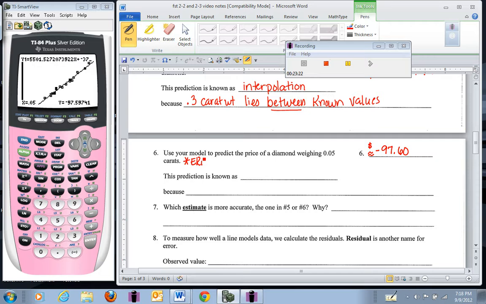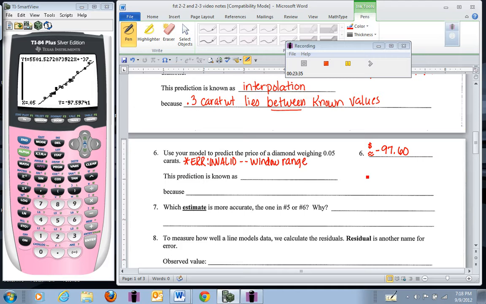Okay, so let's talk about this for a minute. We got an error, and the error said invalid, and that was the window range. So it was a window range error. And now we wind up with a prediction that we have a negative amount. So in other words, if you had a 500 carat diamond ring and you took it to this auction in Singapore, they would give you $97.60 to tell you to keep your ring.